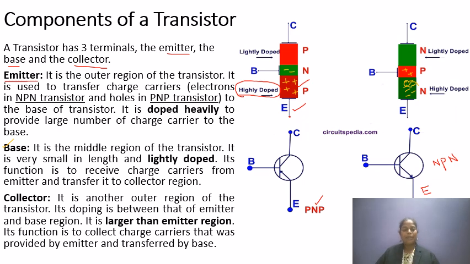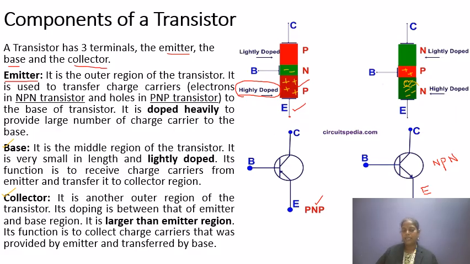Next, coming to the last and important one, the collector. From the word itself, we can easily find out: a collector collects the charge carriers. It is the outermost one, like the emitter.